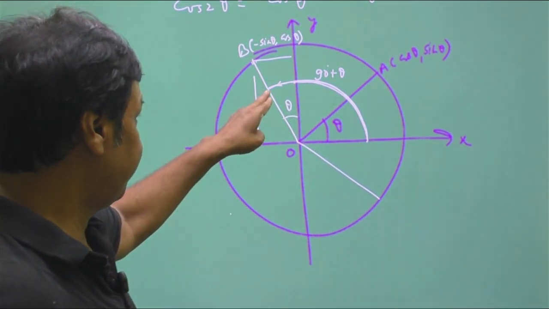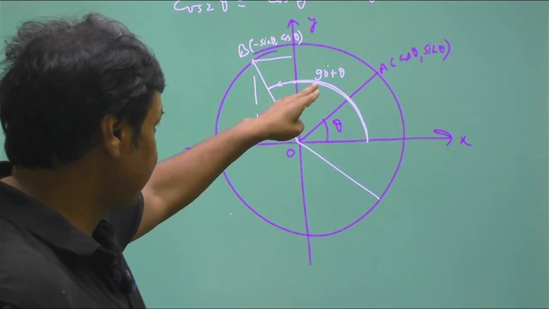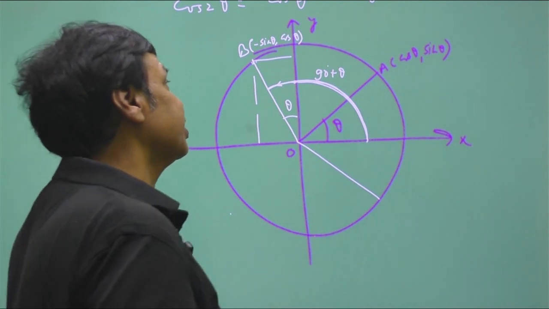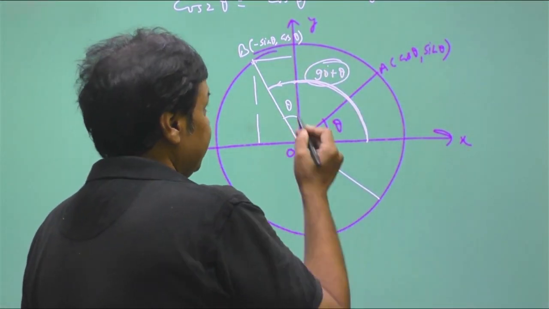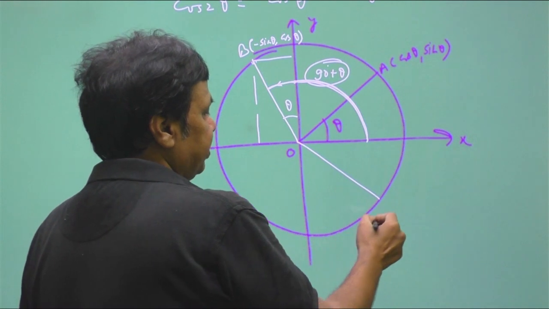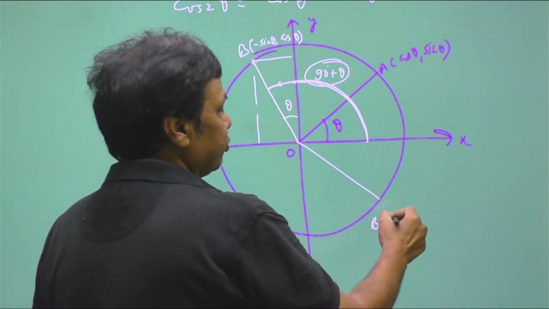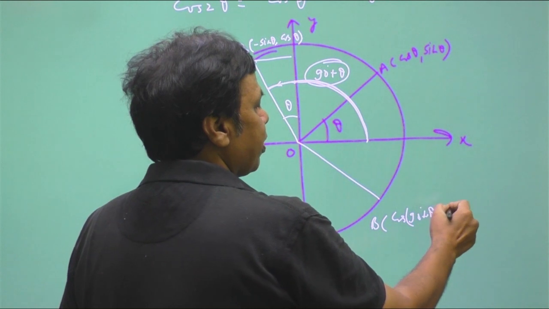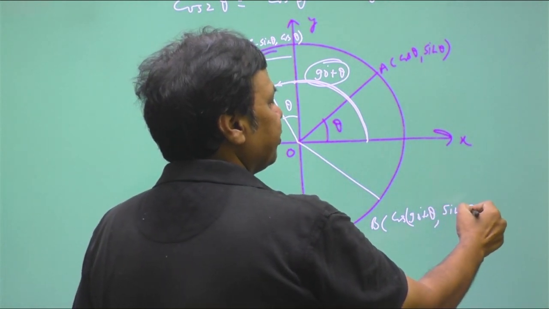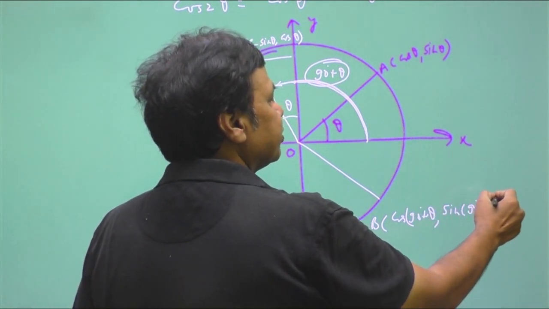So considering this 90 plus theta, you could have written the coordinates of B as cos 90 plus theta and sin 90 plus theta.